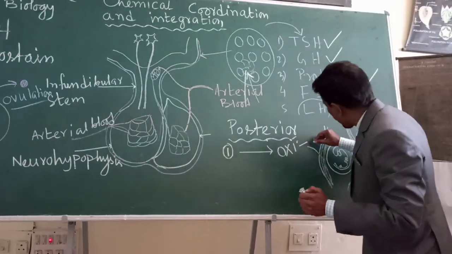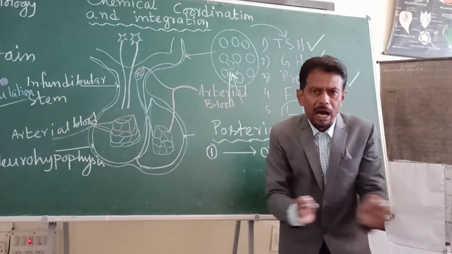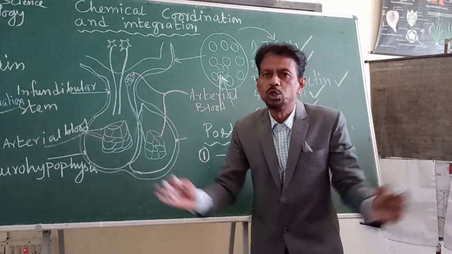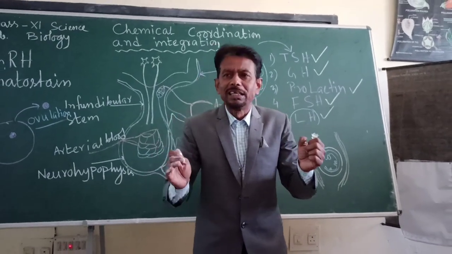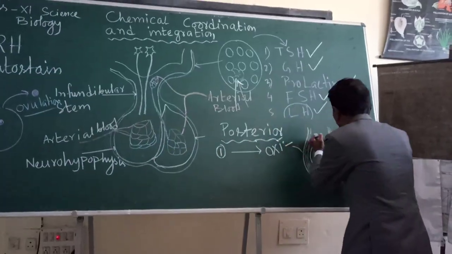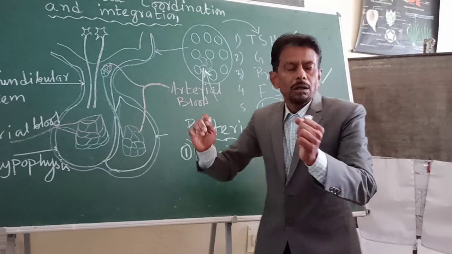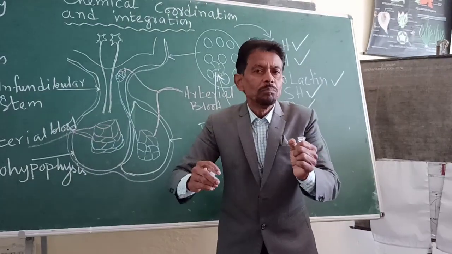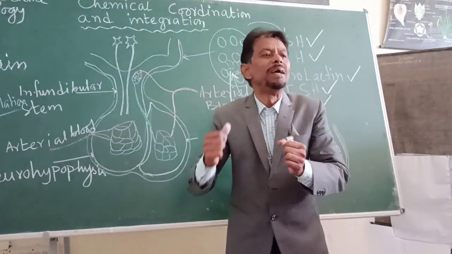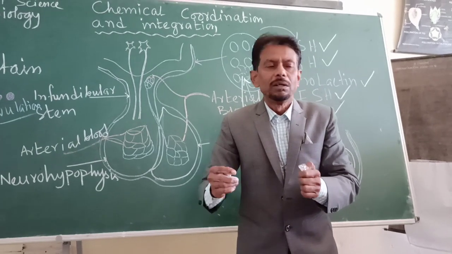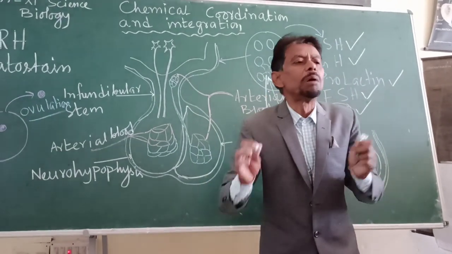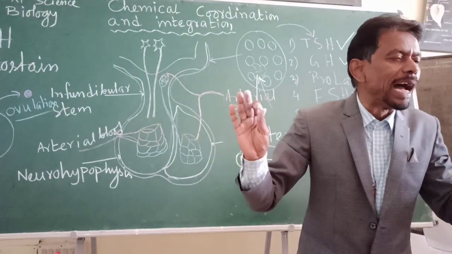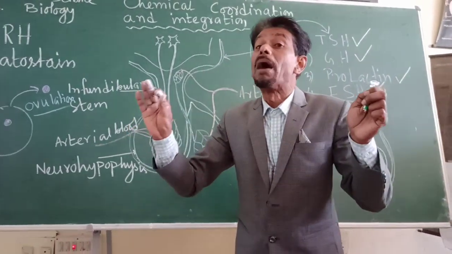This oxytocin hormone will give a severe jar to the uterine wall. As a result, this jar will continuously give pressure over the fetus, and the fetus will be delivered from the mother's womb. That process is what we call parturition.